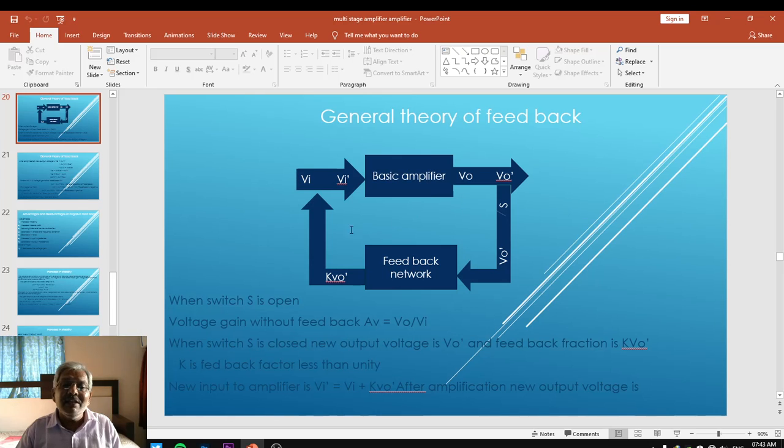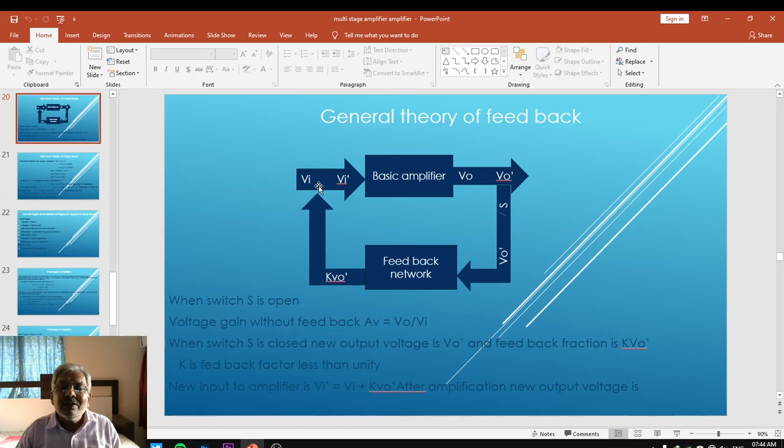Let Av be the gain. Then the voltage gain without feedback is Av equal to Vo upon Vi. But when switch S is closed, some part of the new output voltage Vo dash, that is K times Vo dash, is fed back to the input.